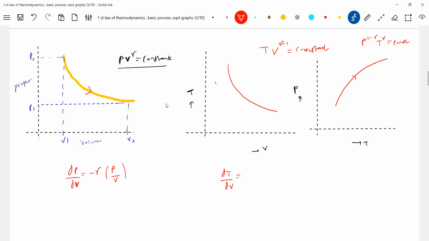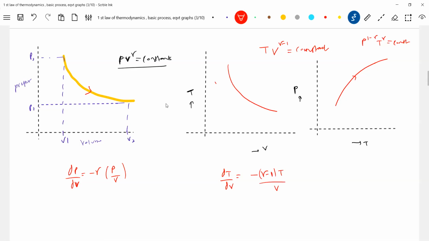Anybody differentiate this equation? dT by dV should be equal to minus of gamma minus 1, T by V.